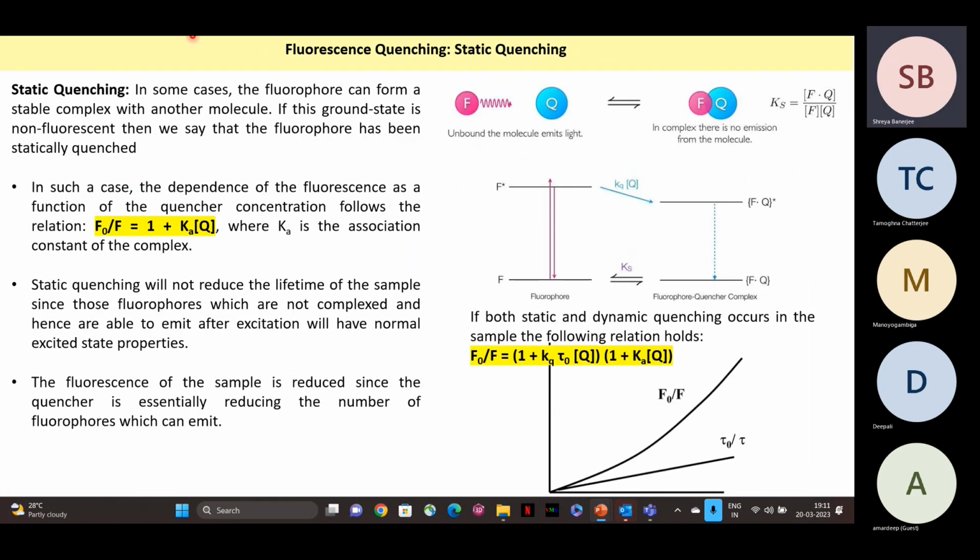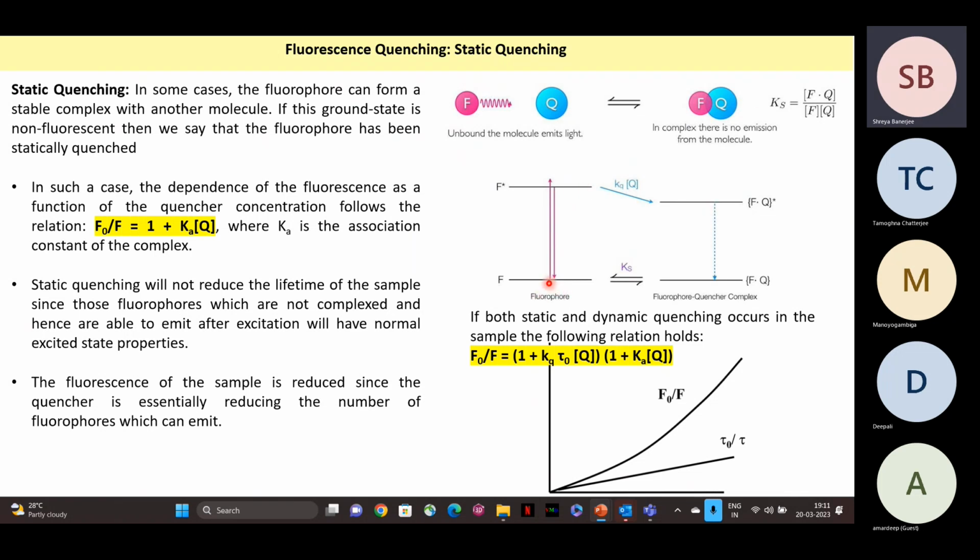The second kind of quenching is known as static quenching. In static quenching, the fluorophore can form a stable complex with another molecule. If the ground state complex is non-fluorescent, then we say the fluorophore has been statically quenched. So basically, this is the free fluorophore. It forms a complex with the molecule.